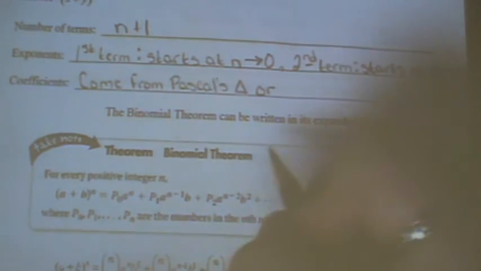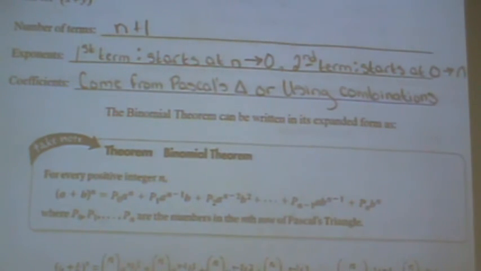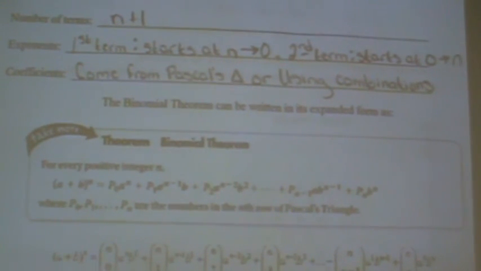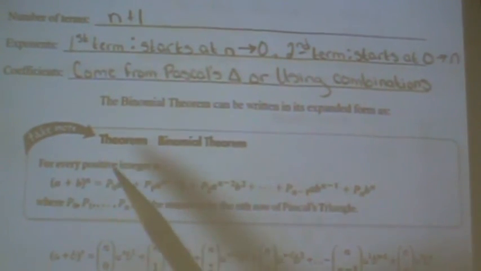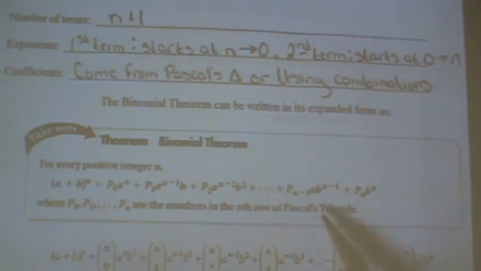Or by using combinations, which we're going to go over tomorrow. So right below this, the binomial theorem using Pascal's triangle is right here, where these P0, P1, P2 are your coefficients that come from Pascal's triangle, from whatever row you're looking at.